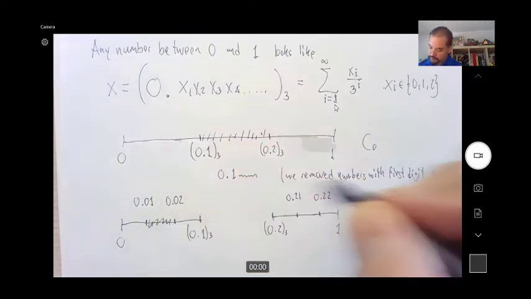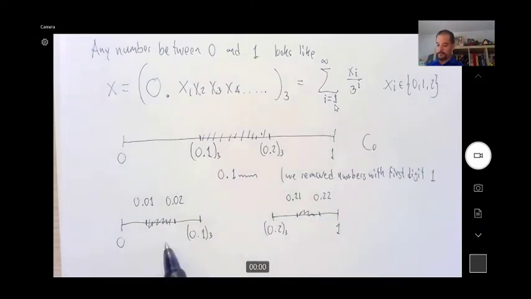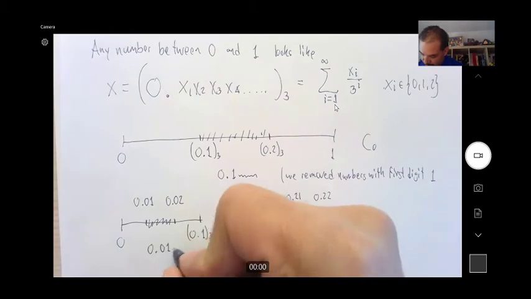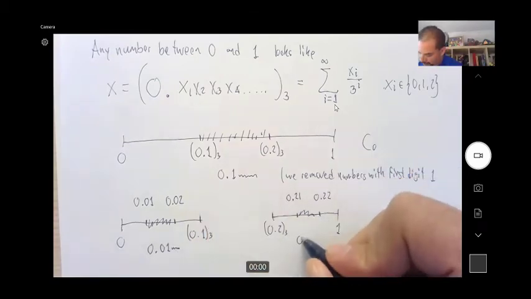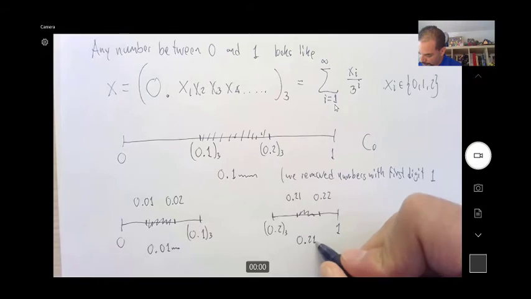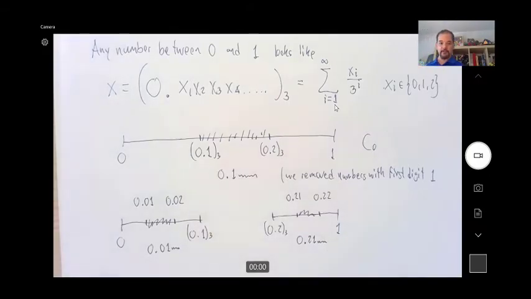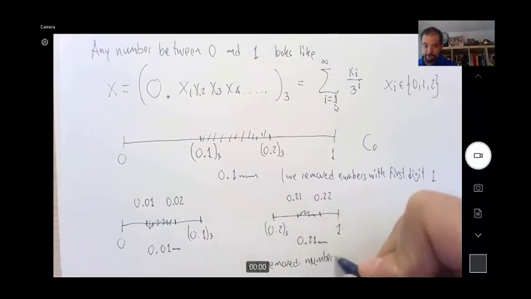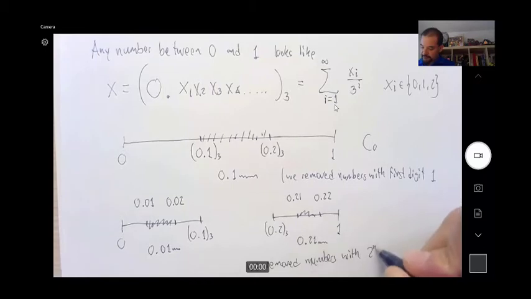So which numbers did we remove? We removed the numbers that look like 0.01 and then other digits, and the numbers that look like 0.21 and then other digits. In other words, we remove numbers with second digit equal to 1. And so on and so forth.